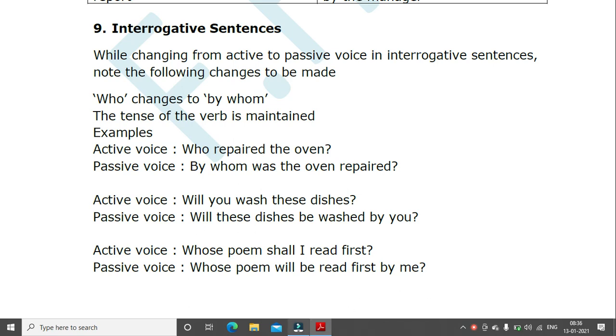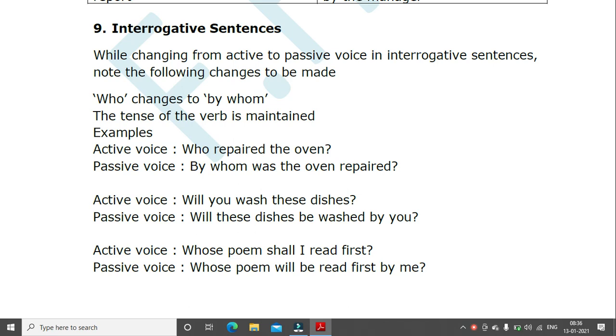Then you change the other words. Like I told you, look at your action, then see who's doing your action and on whom the action is being done. So will these dishes, this is on whom the action is being done, be washed, action, by you. Clear? Who was doing the action? You. So that's why it comes last. And then your question mark.